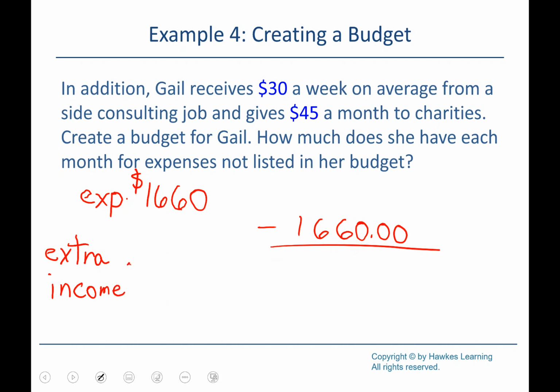So 90 would be 3 weeks, so we could go 120 for 4 weeks. We need to think about how some months have 5 weeks, so maybe some months she would have 5 of those in there.